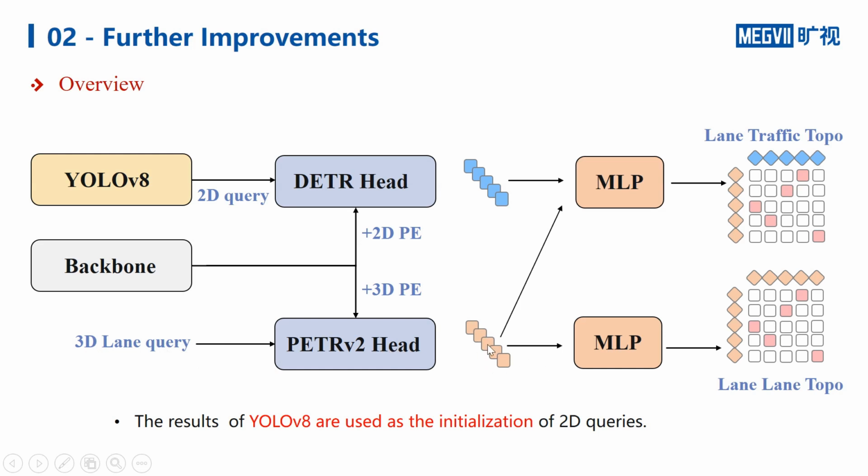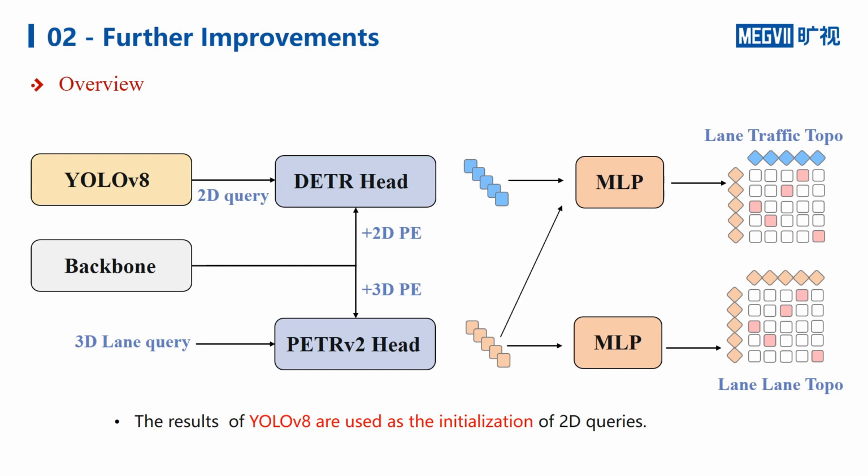This design aims to maximize the performance of 2D detection while aligning traffic features with lane features. Based on the features from both tasks, we concatenate the corresponding features and respectively utilize 2 MLPs to predict their respective topology relationship matrices. The positions with topology relationships are assigned a label of 1, while those without are assigned 0. Subsequently, focal loss is employed for supervision.